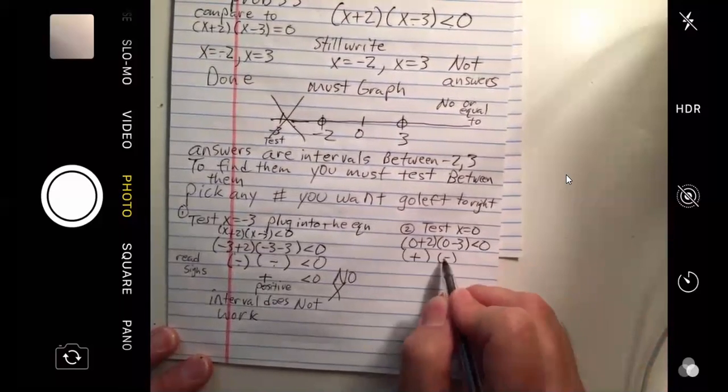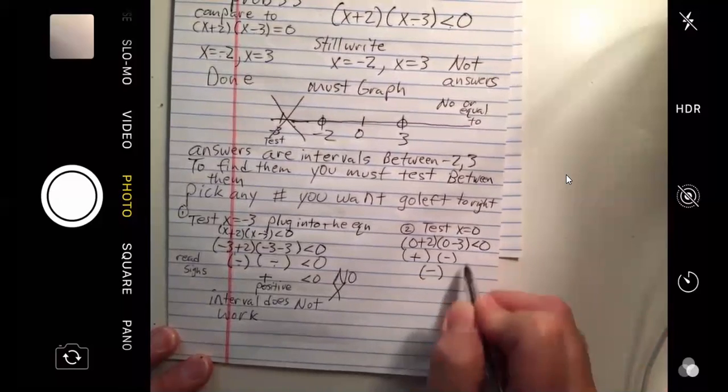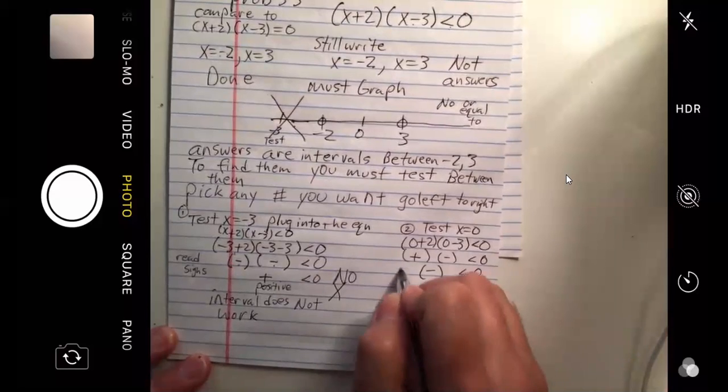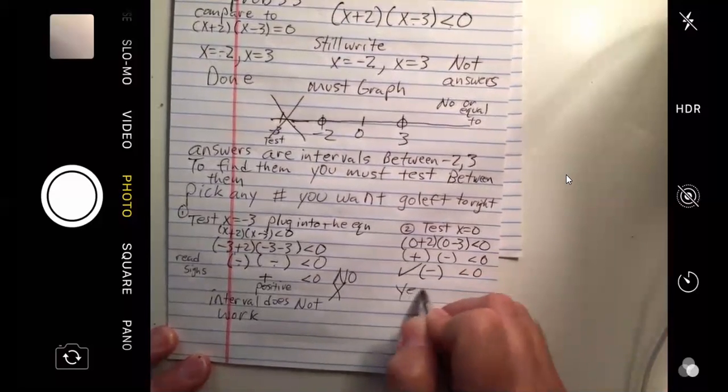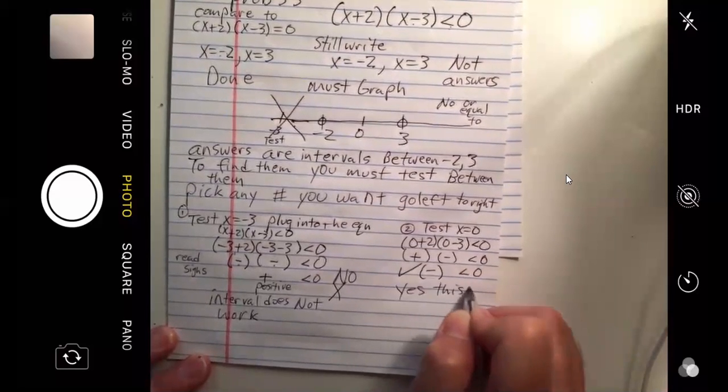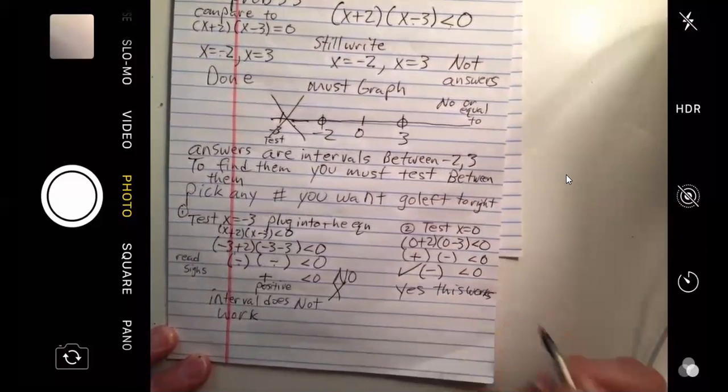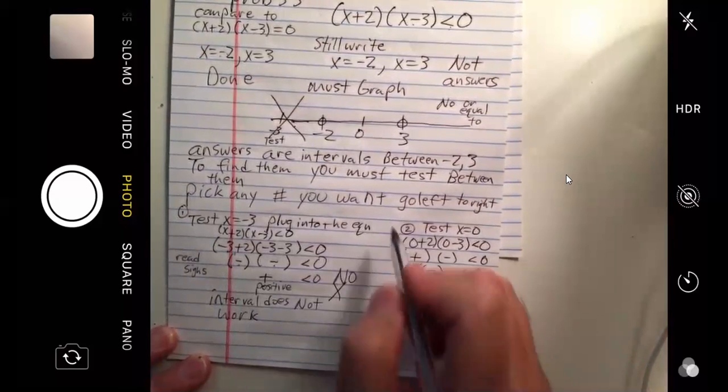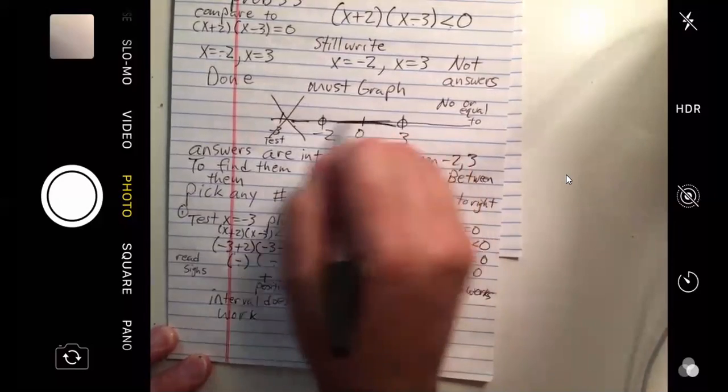A positive times a negative is a negative. Negatives are less than 0. Yes, this works. Shade between -2 and 3.